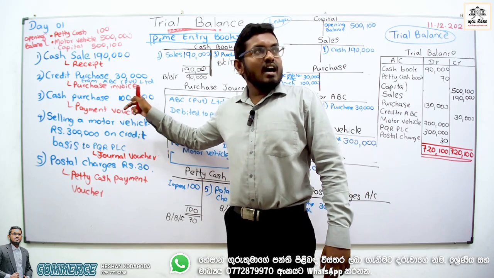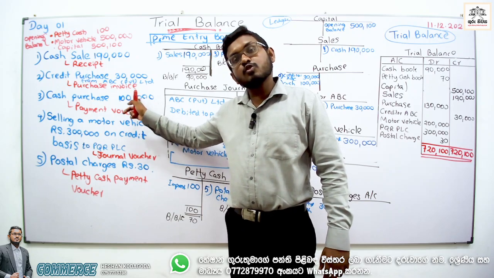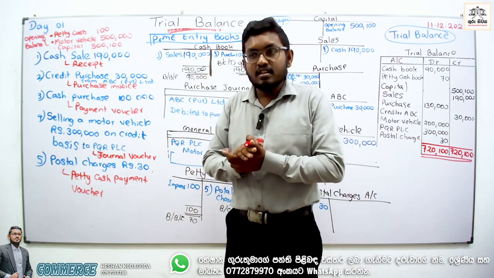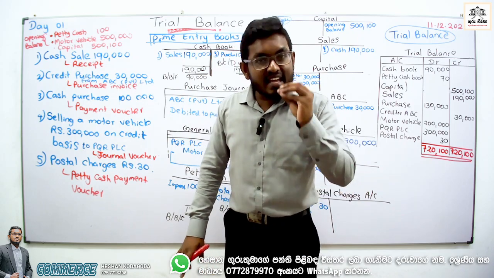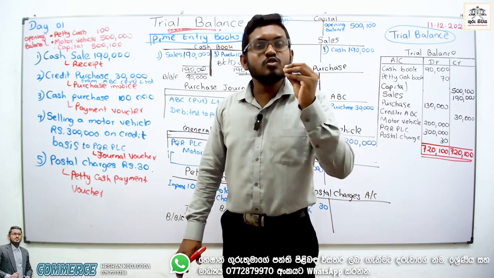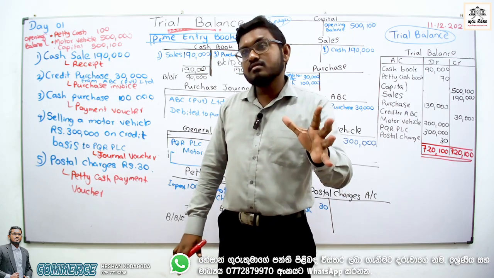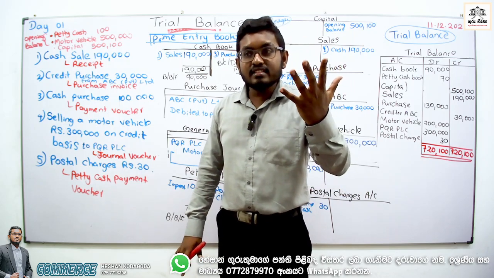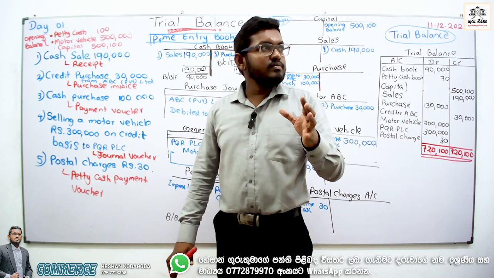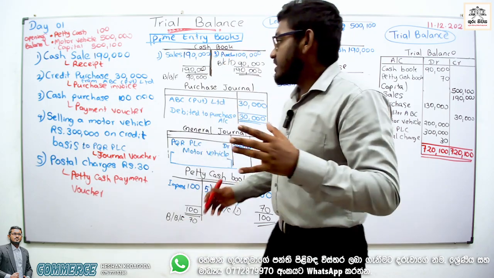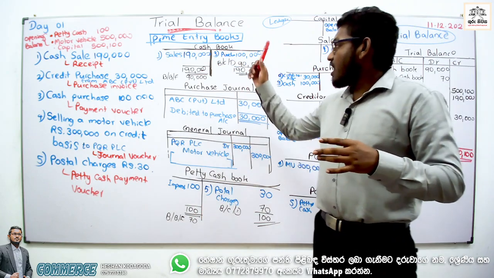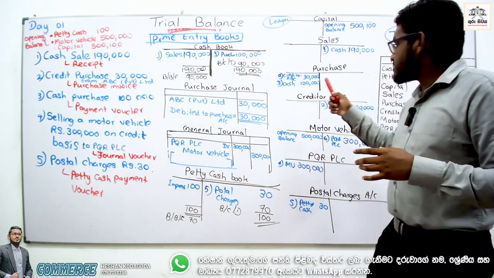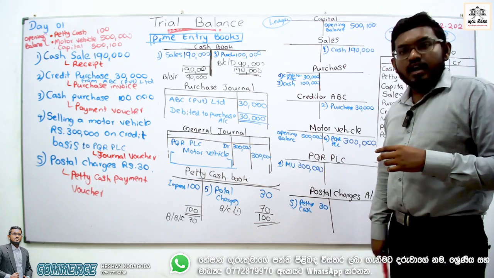Think the actual transaction is 10,000. Mistakenly he prepared the source document as 100,000. So we credited the cash book as 100,000. We debited the purchase account as 100,000.